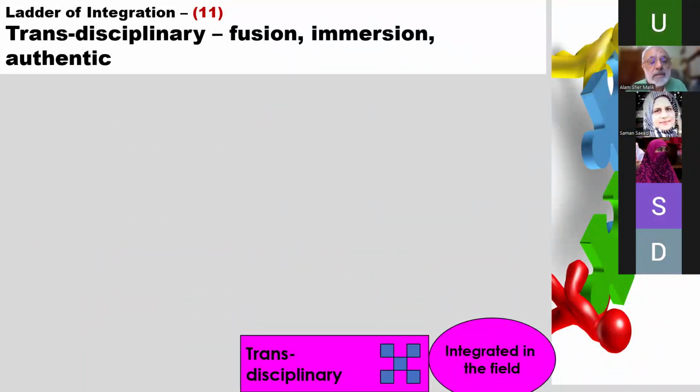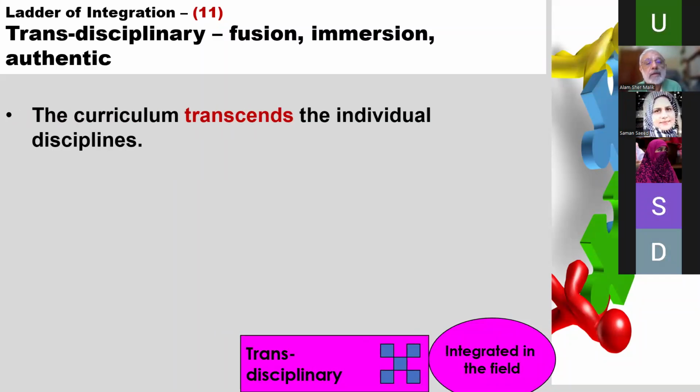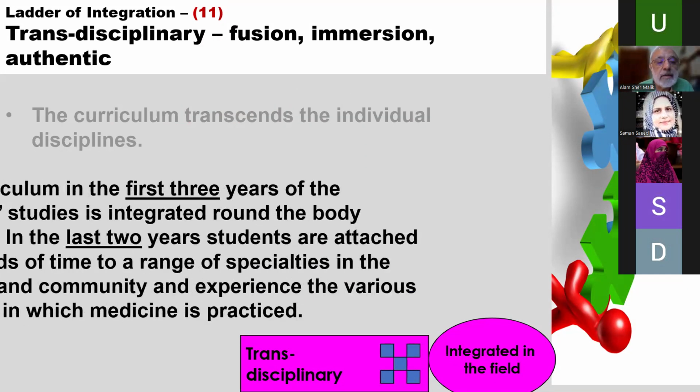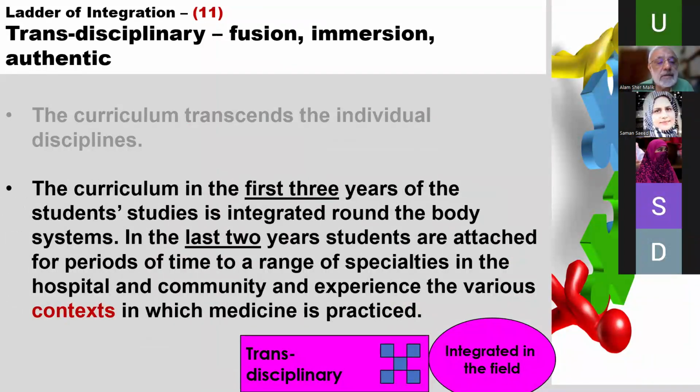The 11th level, which is the highest level of integration, is transdisciplinary, which is fusion or immersion or authentic. And the curriculum now transcends the individual disciplines. That means that individual disciplines are almost not identified. The curriculum in the first 3 years of the student's studies is integrated around the body systems.